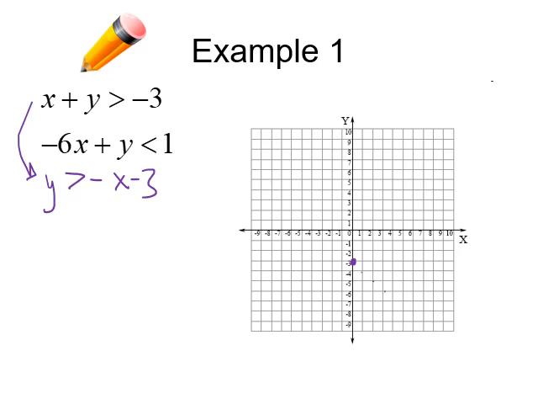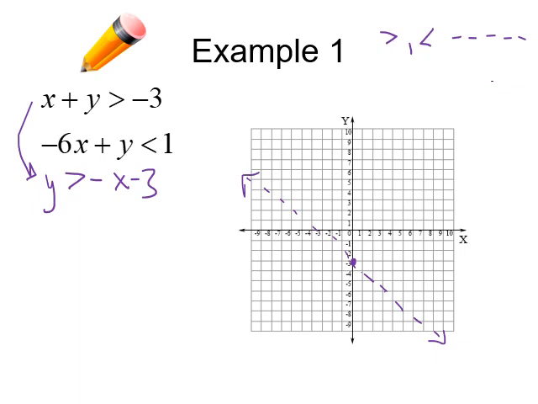When I draw my line, I have to be careful. This is a strict inequality, so anything that's strictly greater than or strictly less than is going to be a dotted line. So I'm going to draw my dotted line in both directions. It helps to use a ruler here, so it's exact. I don't have that luxury right now.